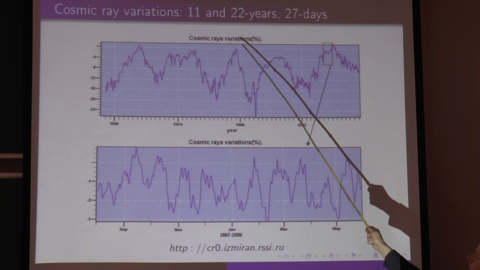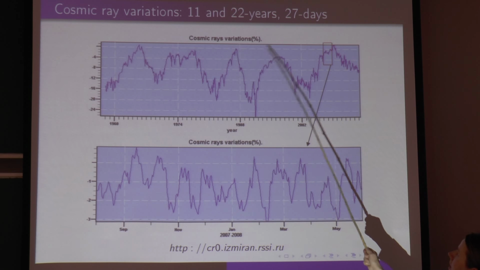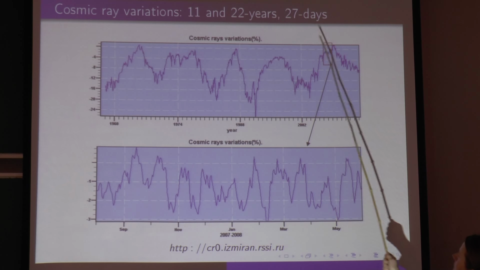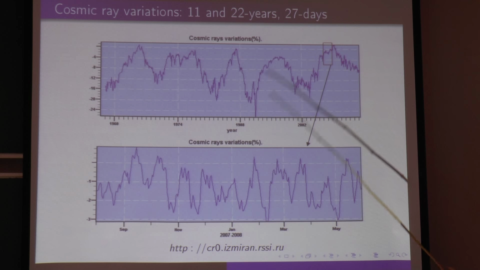A peak we can see in negative polarity and a plateau shape in positive polarity. So there's some asymmetry between north and south. Yes. For example, between them, this is the highest level of cosmic rays ever measured, in this minimum 2007-2009. In this period, solar activity was very low.